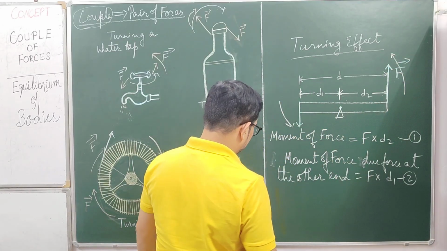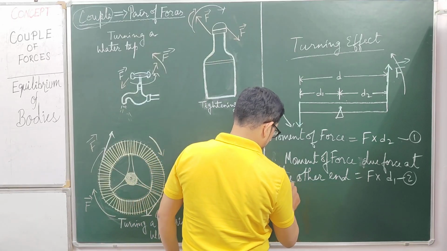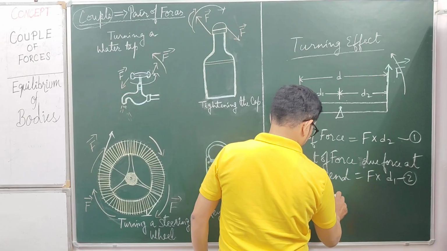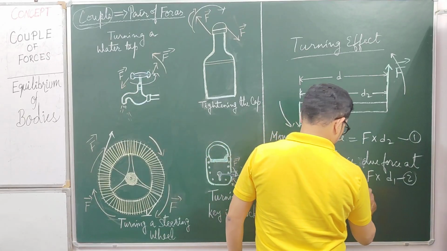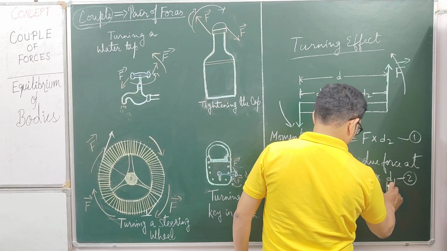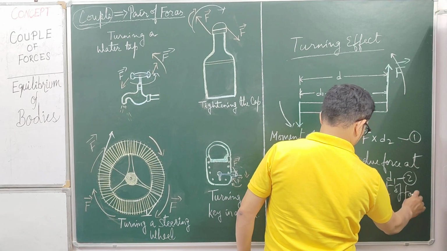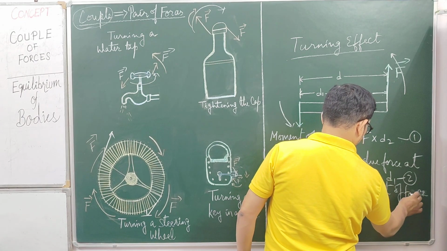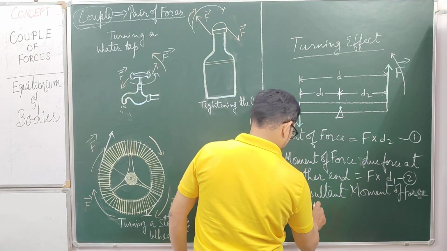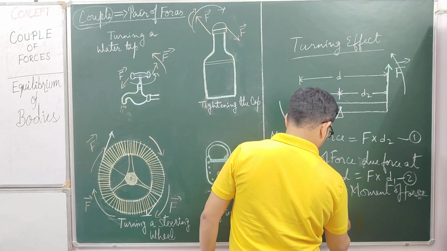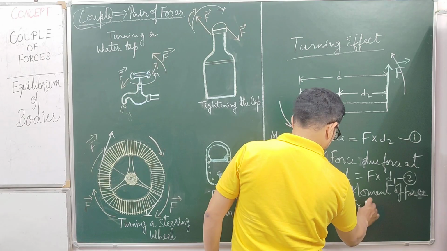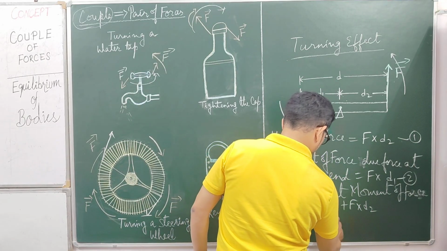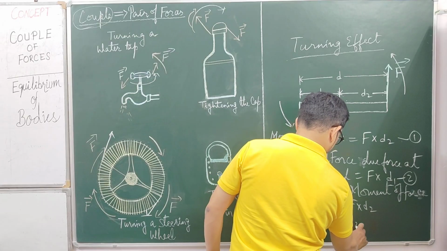So if you add it up, the resultant moment of force or the torque is equal to F times d1 plus F times d2, which means F, if you take common, is d1 plus d2, right?